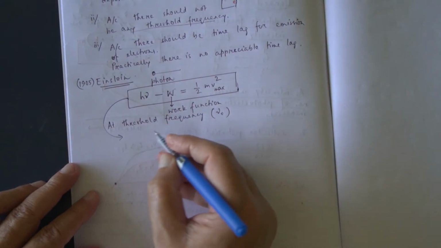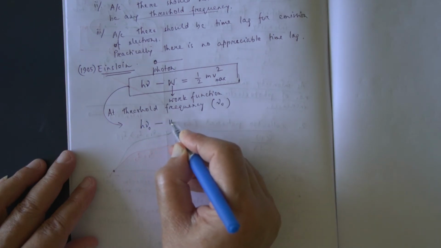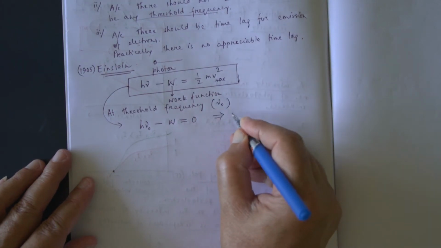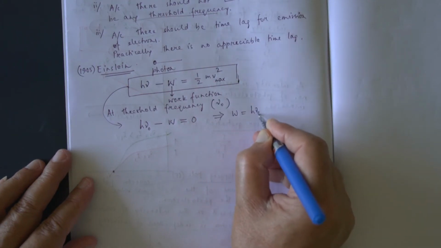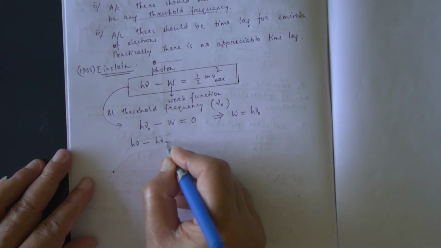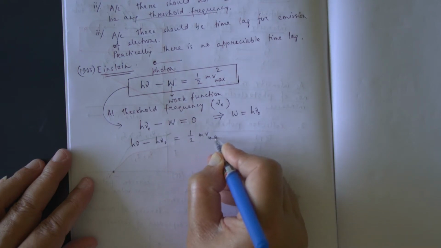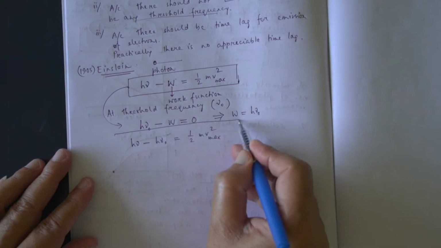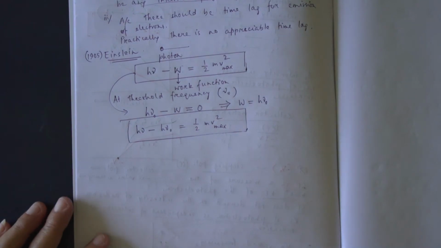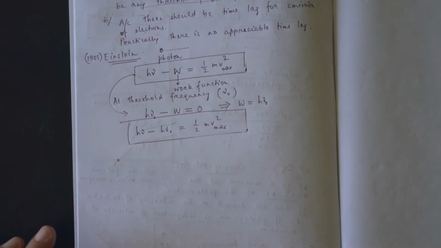So we can write 0 equal to h nu naught minus W. From here, W equal to h nu naught. So we can write this equation as h nu minus h nu naught equal to half m v square. So this is Einstein's explanation of the photoelectric effect.